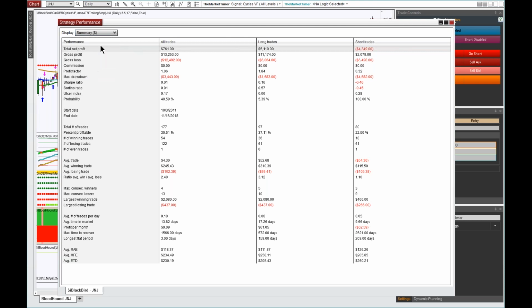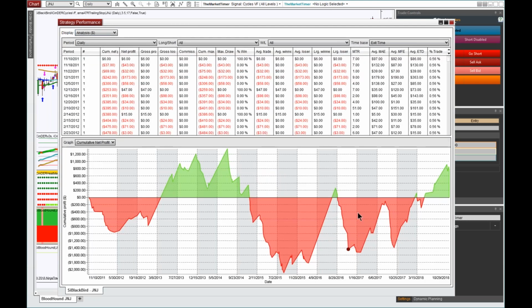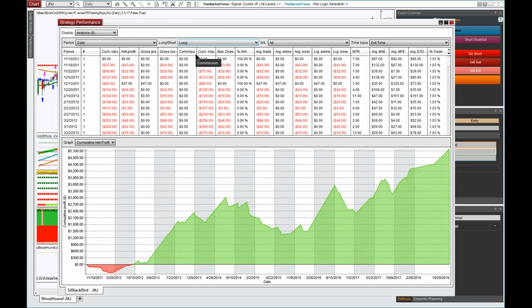Let's look at the analysis. We're all over the place with longs and shorts. If we just go long, this is a positive outcome. Of course, we have a lot of peaks and troughs here, but the overall movement is to the top side.